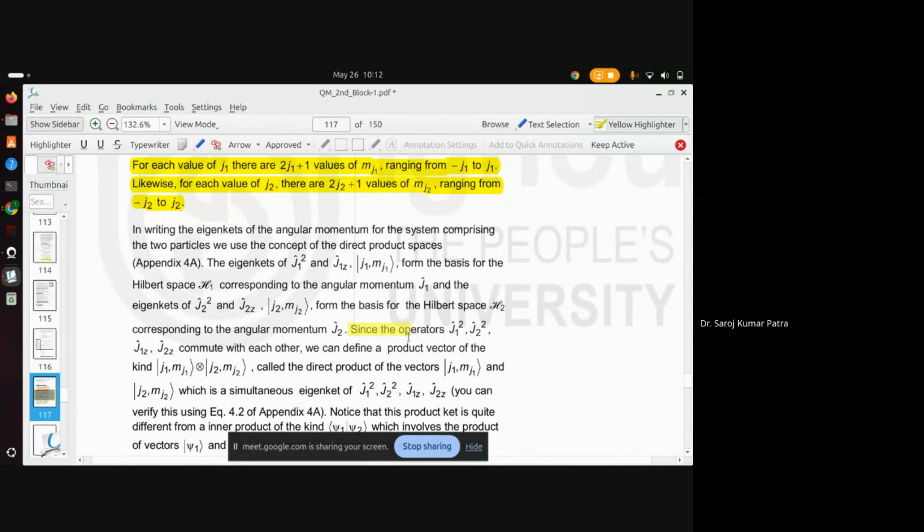Since the operators J1 square, J2 square, and J1Z, J2Z commute with each other, we can define a product vector of this kind, called the direct product vector of J1 M1 and J2 M2, which is a simultaneous eigenket of these operators. This was already mentioned as equation 4.2 of appendix 4A. So this is called the outer product.